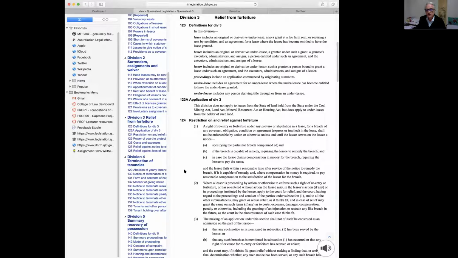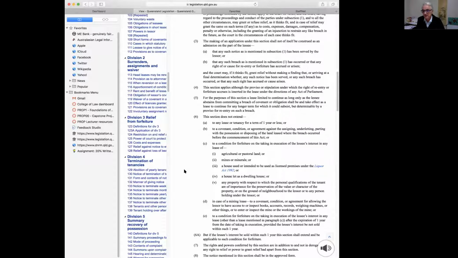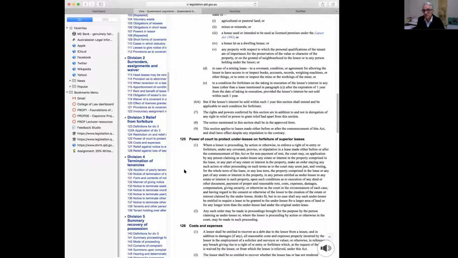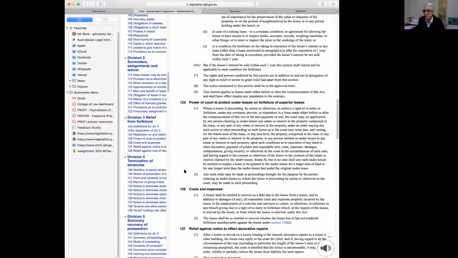And you can see there, section 124, restriction on and relief against forfeiture. It's a fairly long section. 125, power of the court to protect under lessee, that's a sublessee, on forfeiture of a superior lease.